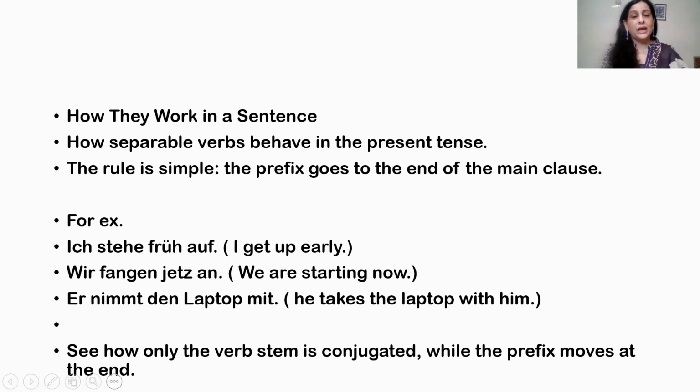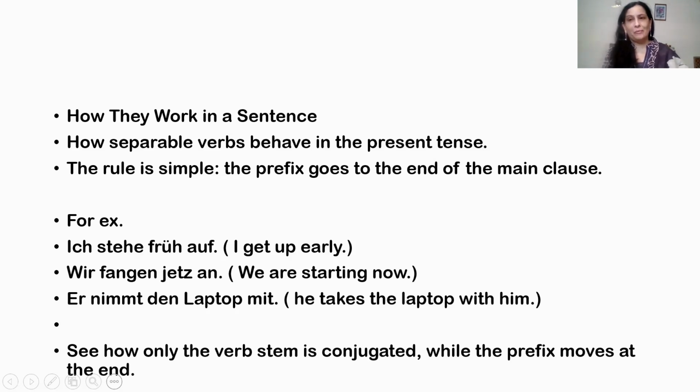Next example is er nimmt den Laptop mit. Now the main verb here is mitnehmen, to take something with. Mit is with, nehmen is to take. So the meaning of this sentence is he takes the laptop with him.